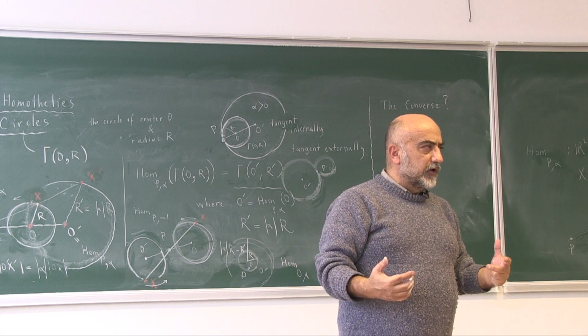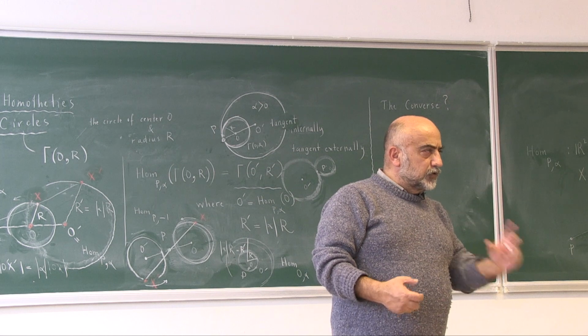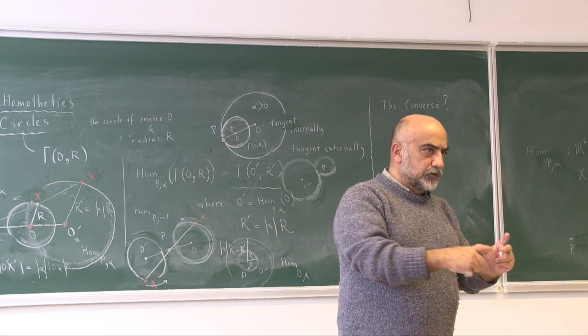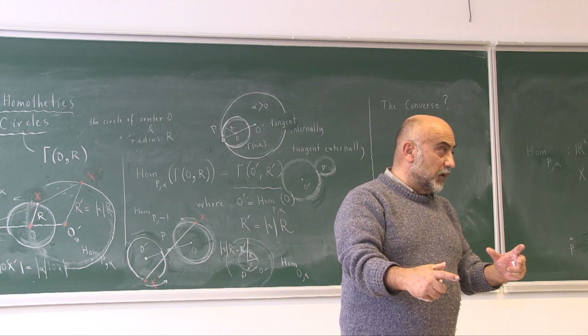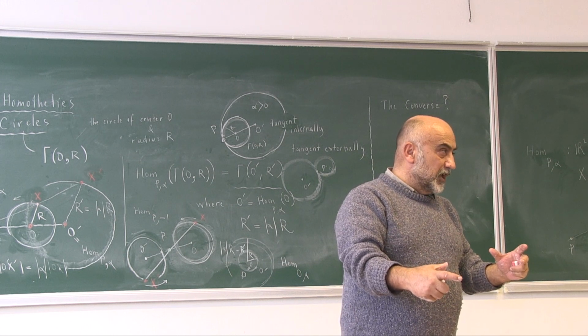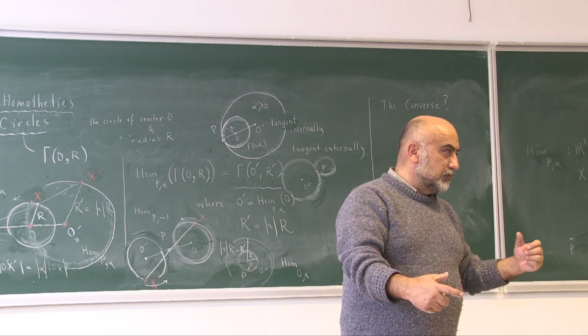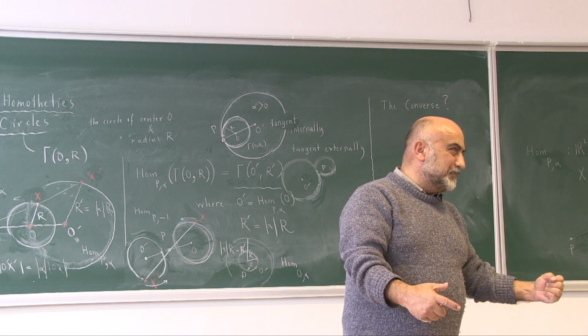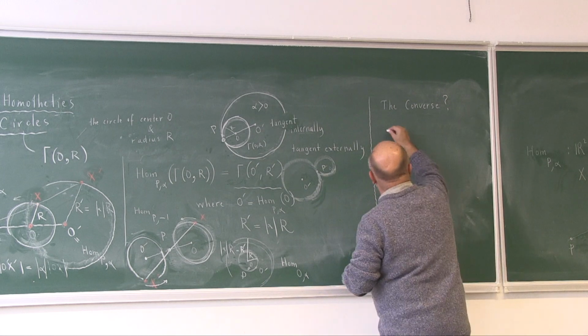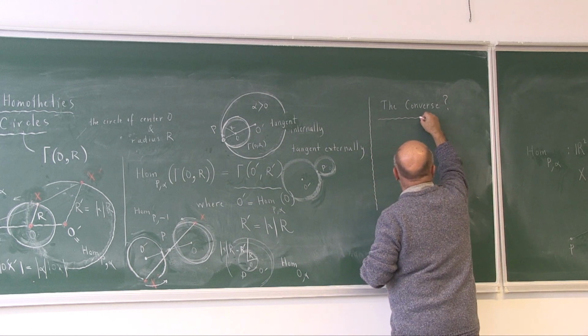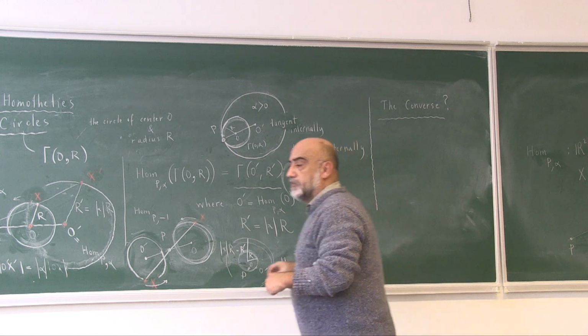Now I ask the other question. I give you two circles. Is it possible to construct a homothety which maps the first circle into the other one?